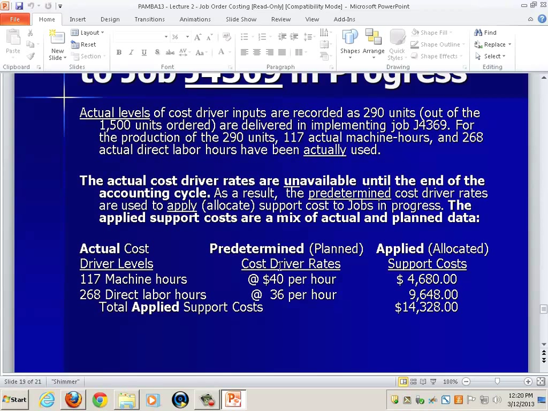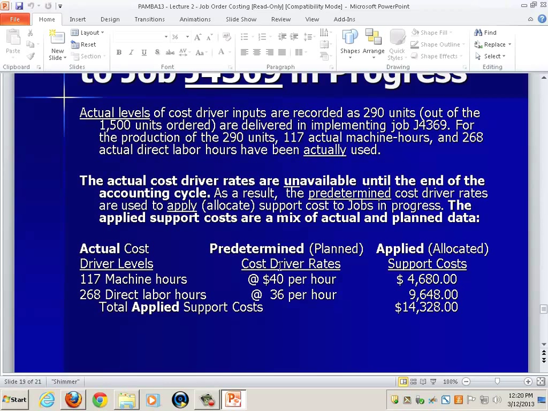Because the actual number for the 4 million, which is the total cost of the machine used for all jobs for the entire period, will be available only at the end of the period. So we don't have the 4 million, right? So we can't substitute an actual number for the 40, because we don't know what the actual cost will be at this point when we deliver the 290 units.